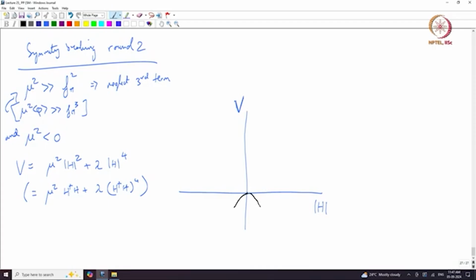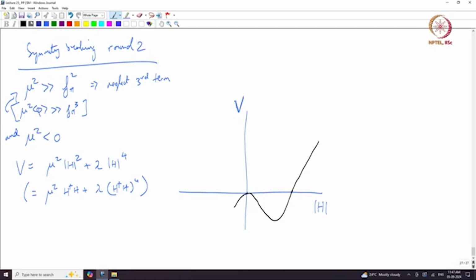Do you agree? And then what happens? As I keep going, the quartic term would take over, so this has to turn around, correct? Why? Because at h equal to infinity the potential is positive infinity, it is not negative infinity, right?